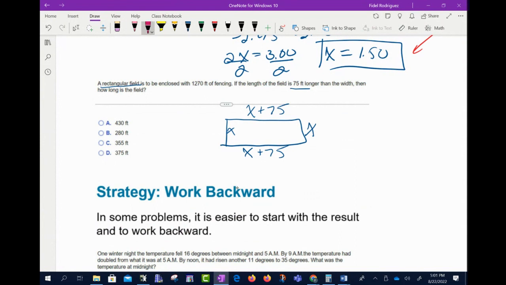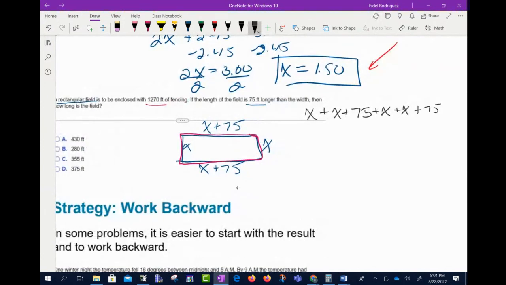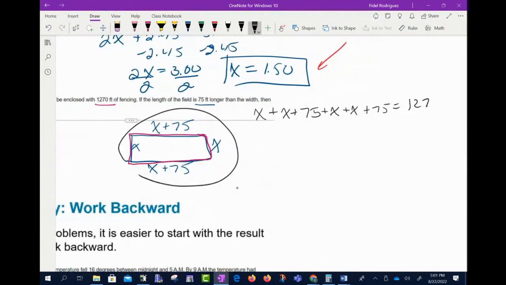And we're going to put a fence around the whole thing, right, like this. And that fence is going to be 1,270 feet. So look, we can say that X plus 75 plus another X plus 75, because I'm adding up all the way around, right? Starting from here, going all the way around. That has to add up to 1,270.